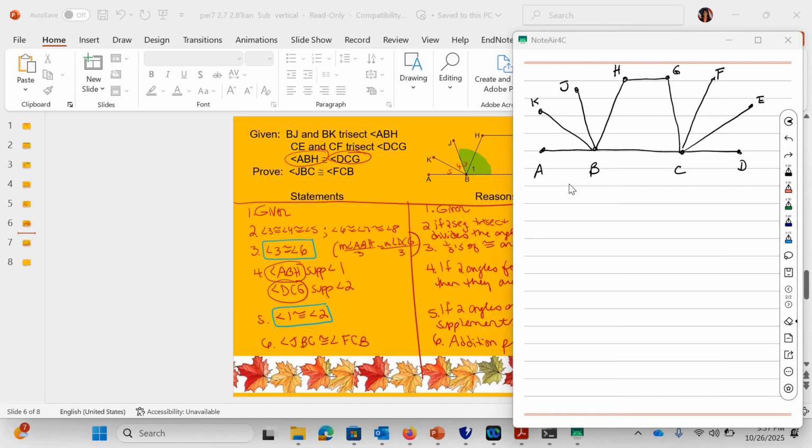Instead of what we usually do, which is to think about the given, let's look at what you're trying to prove first so it's very clear. If you look at the proof statement, you're trying to prove that angle JBC, which is this angle with the middle vertex B, is equal to angle FCB.